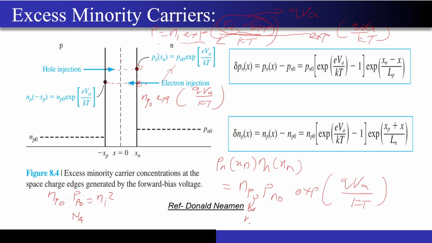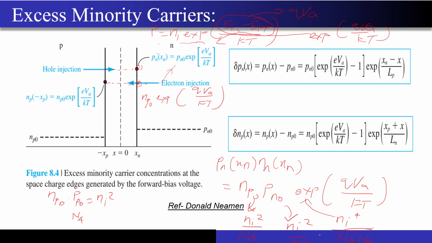So Np naught has been replaced by ni square by Na. Similarly, you can replace it with ni square upon Nd over here. So it became ni to the power 4 upon Na into Nd. Were you talking about this or something else?